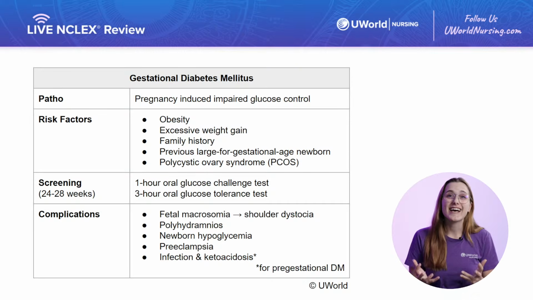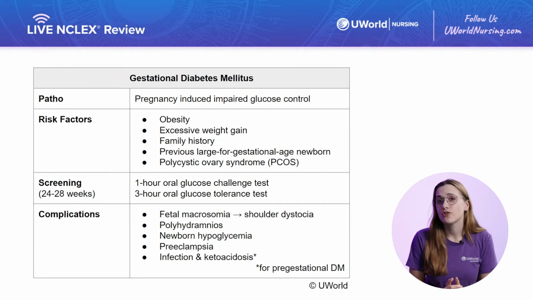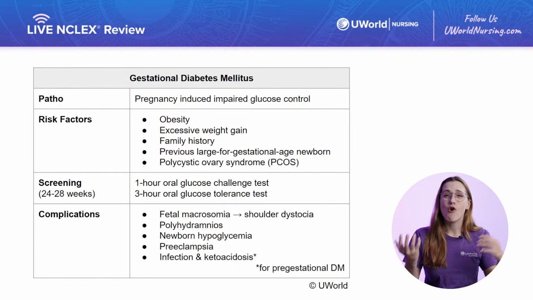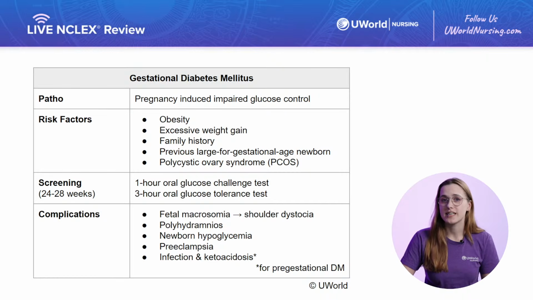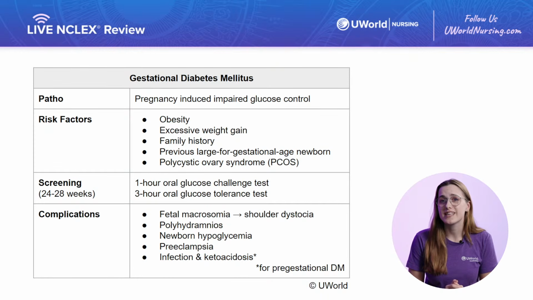And then excessive weight gain during pregnancy. So your provider is going to tell you your expected weight gain based on your BMI, and anything over that can increase that risk for gestational diabetes. And then other risk factors are going to be family history of diabetes, a previous large for gestational age newborn, so having a larger than normal baby, and then polycystic ovary syndrome or PCOS, because that can cause insulin resistance.